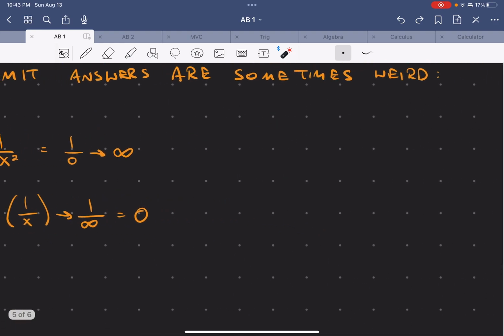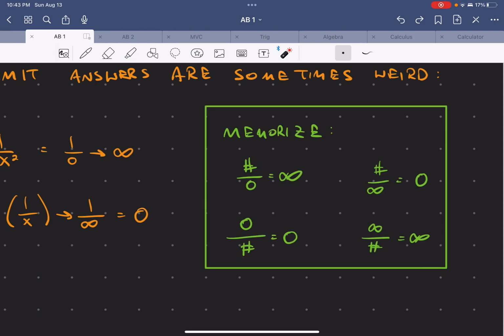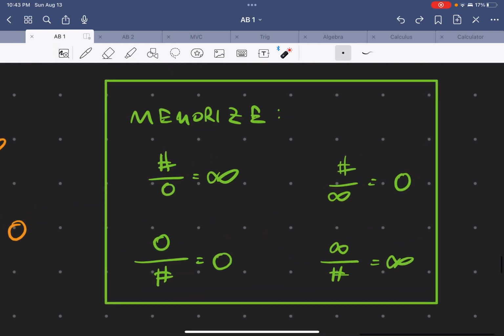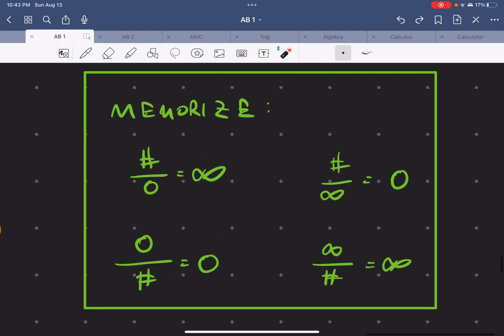So the different forms that these limits can take that seem a little weird are these. And these I would say just to memorize. So if you have a fixed number that you're dividing by 0 as a limit, this is equal to infinity. And if you have 0 divided by a fixed number, well, that's just equal to 0.